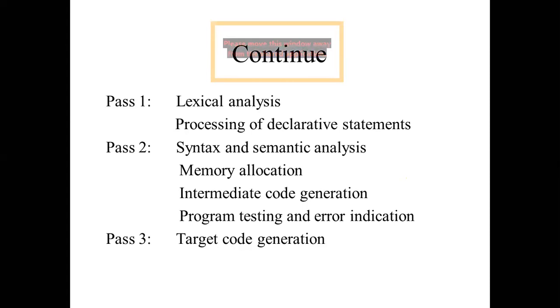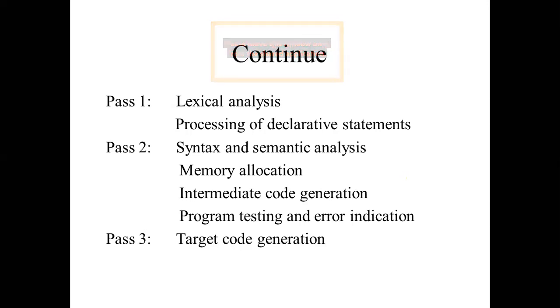After that, we apply intermediate code generation. During intermediate code generation, we use the three address code representation, where we write our program in the form of mnemonics.